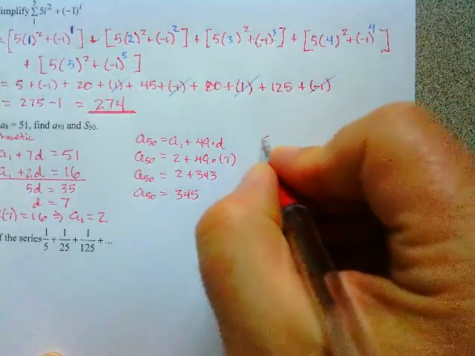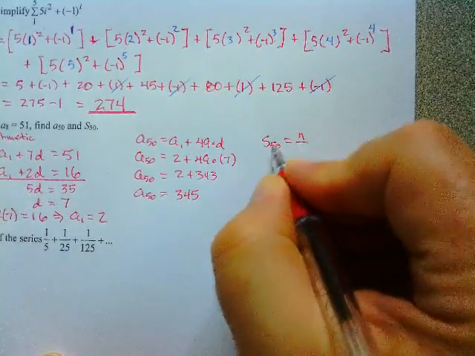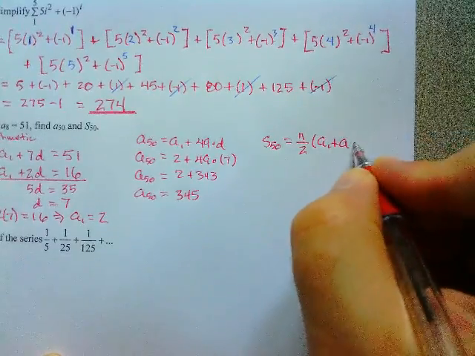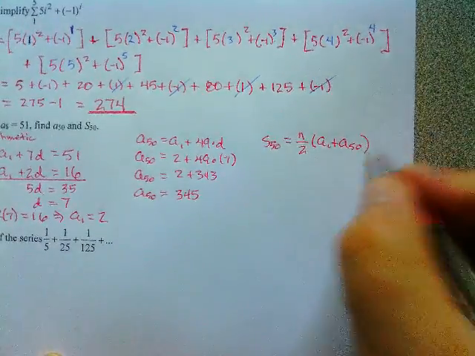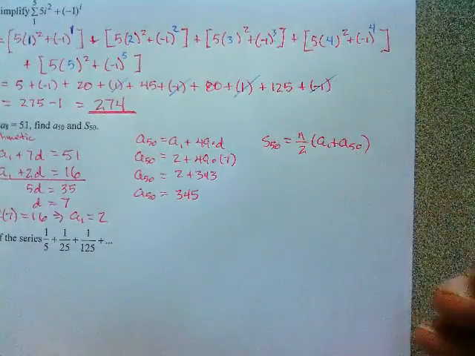My S50, well, that's n over 2, which is going to be the 50, and then A1 plus A50. So again, that'll be my 50. So all these, this, and that all have to match.